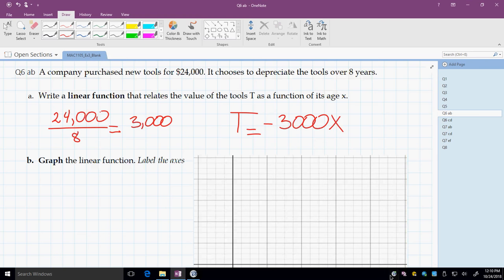That's why we have x there representing the years, plus the 24,000, which was the original cost. That's our function. Then graph the linear function, label the axis.